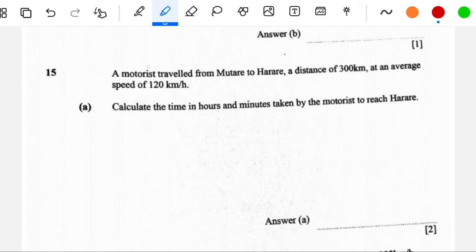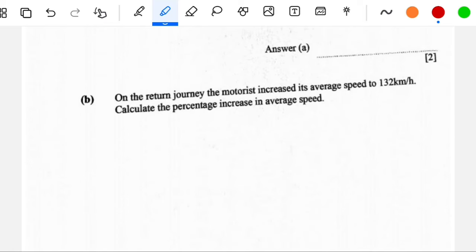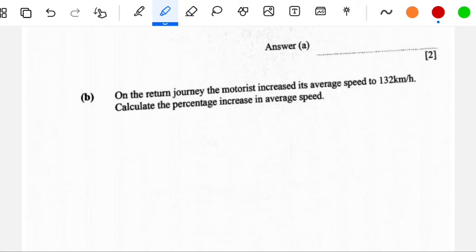Then number 15, a motorist traveled from Mutare to Harare, a distance of 300 kilometers at an average speed of 120. Calculate the time. So time equals distance over speed, which is 300 over 120, which gives us 2.5 hours. Then moving on to B. On the return journey, the motorist increased his average speed to 132.